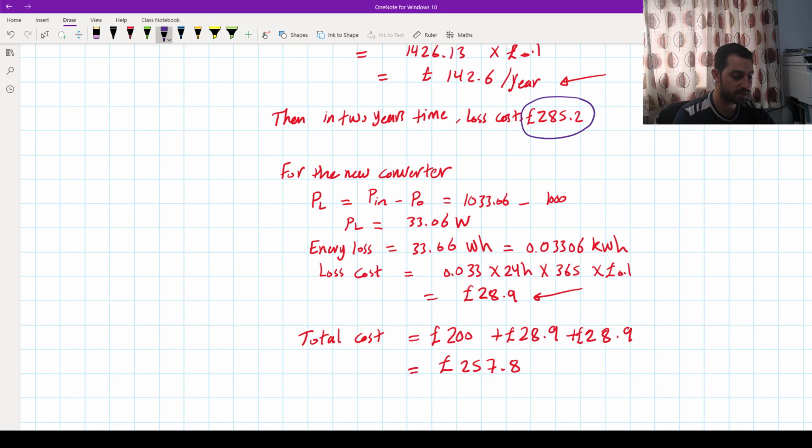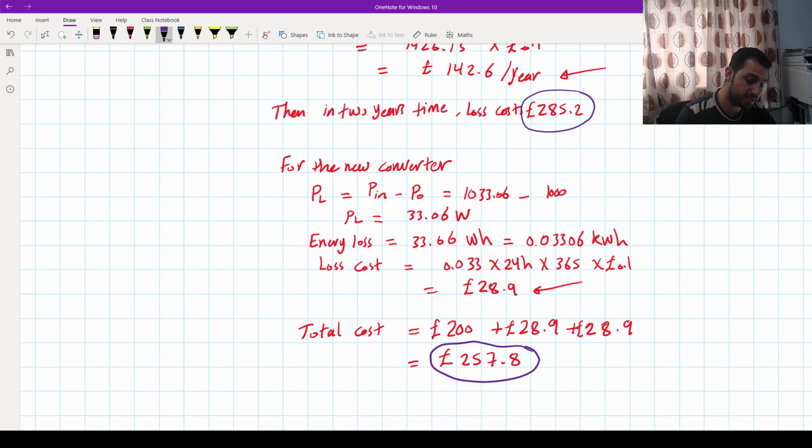Okay, so compare that one now. For 2 years, this is their losses without using our converter, and this is the losses for 2 years if they bought our converter. Comparing with their claim, their claim is not accurate because within 2 years you can pay back your cost, and also you prevent more losses that you will pay without knowing that.